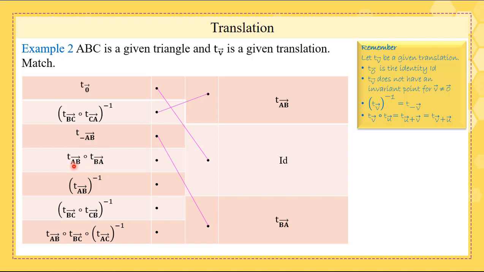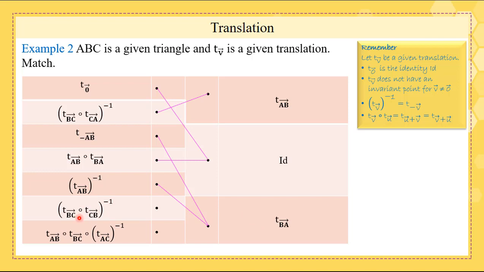Now the translation by AB vector round the translation by BA vector is a translation by AB vector plus BA vector, which is the translation by AA vector, which is translation by zero vector, so it's the identity. Now the inverse of the translation by AB vector is the translation by BA vector.